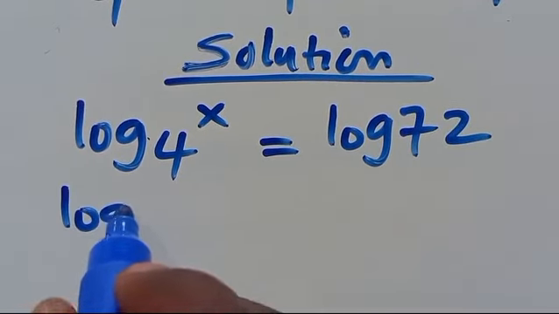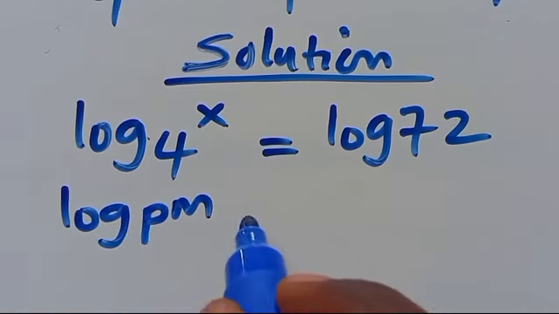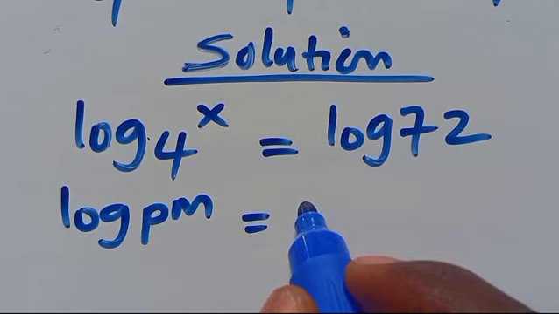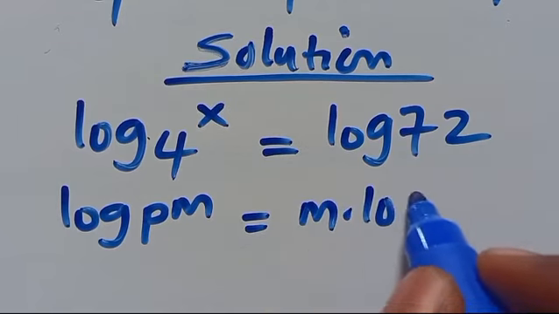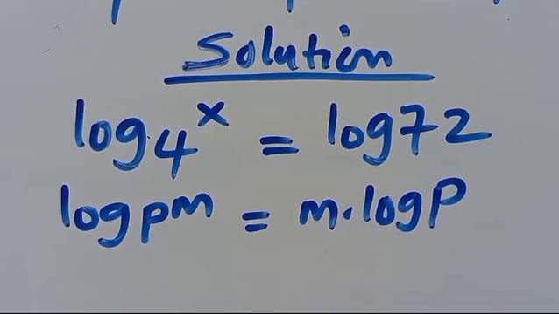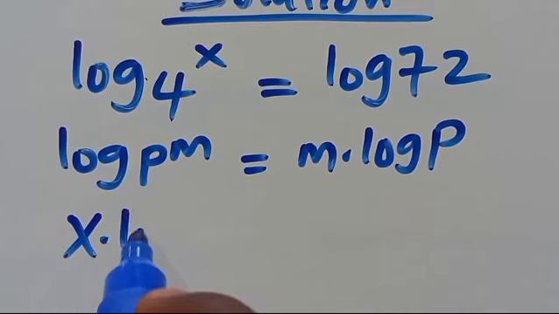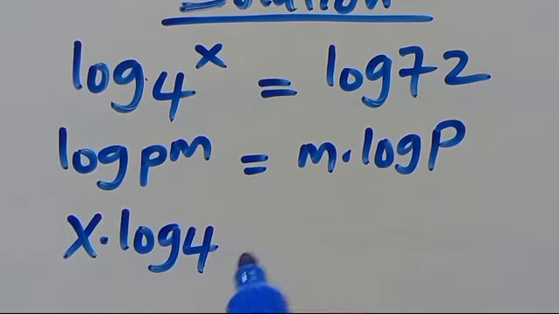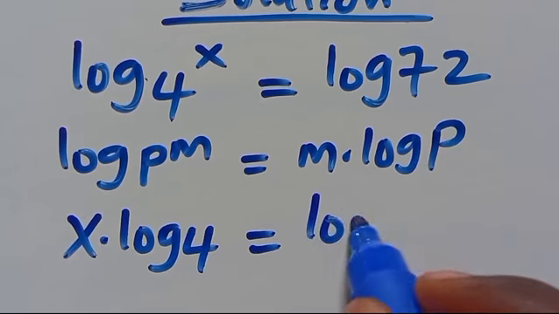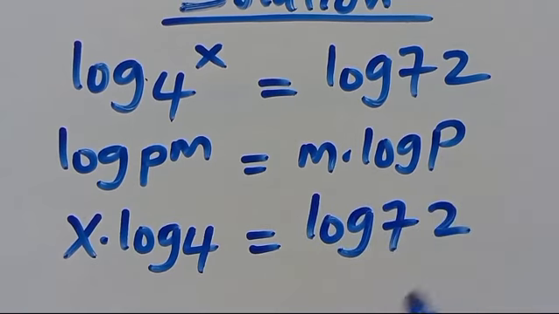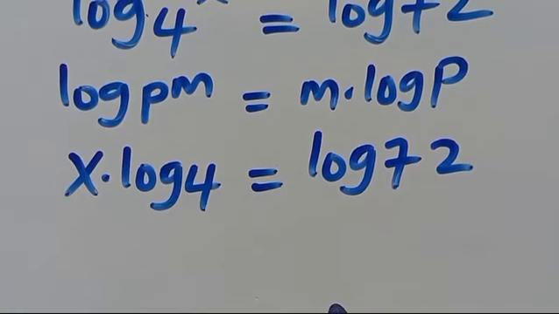When we have log p to the power of m equals m times log p, from here we have x times log 4 equals log 72.